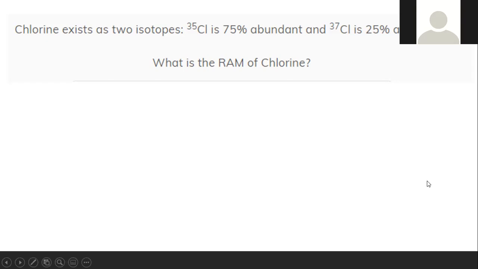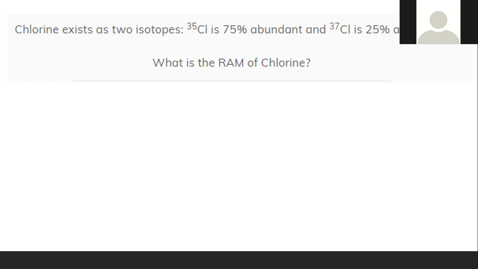So chlorine exists as 2 isotopes: 35Cl, which has 75% abundance, and 37Cl, which has a 25% abundance. So what is the relative atomic mass of chlorine?